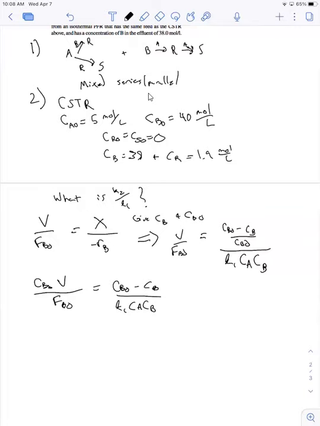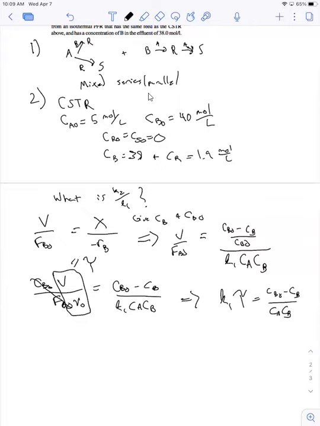And then we can substitute these two for our volumetric flow rate, and so then this is going to be equal to our tau, our time constant. And so then we'll get K1 tau equals CB naught minus CB over CA CB. All right, so that's the most simplified expression for the balance on B.